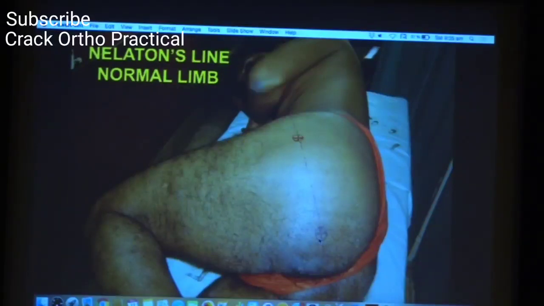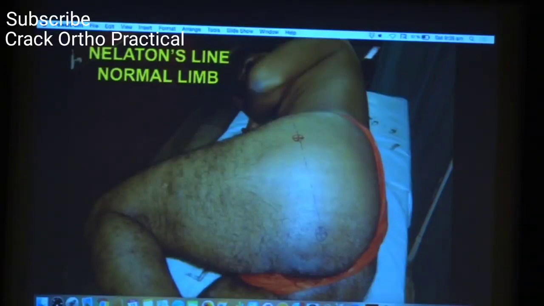Well, as a student of orthopedics, in my postgraduate days, I think the most difficult part was to try and palpate the most prominent part of the ischial tuberosity. If you look at the anatomical ischial tuberosity, it is a broad area. It's not a tip like the tip of the anterior superior iliac spine. So there is a difficulty, and the difficulty is compounded because we have very bulky gluteal muscles.